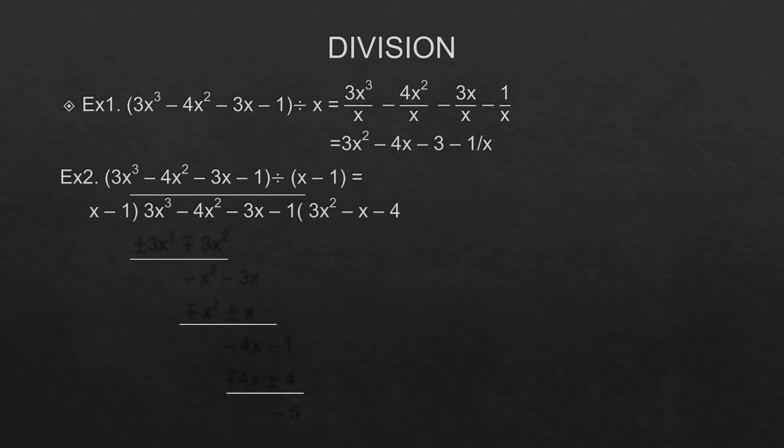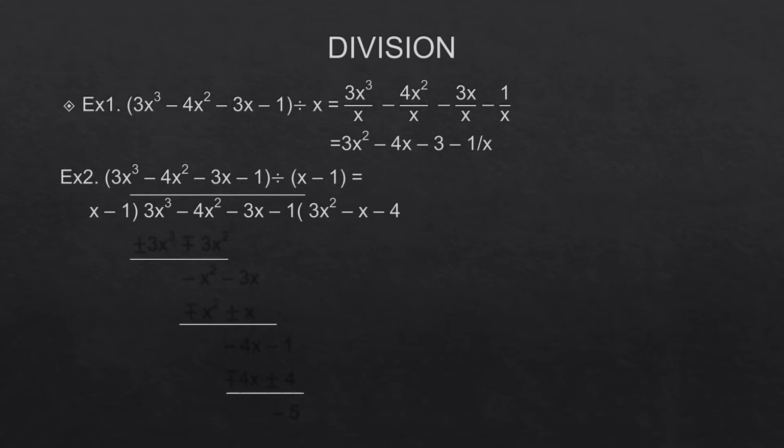So we are supposed to arrange the dividend in descending order, the highest power first, followed by the smaller ones, and you can see the highest is 3x cube. Now to convert the divisor x minus 1 into 3x cube, we are supposed to multiply it by 3x square. So the first term is 3x square.